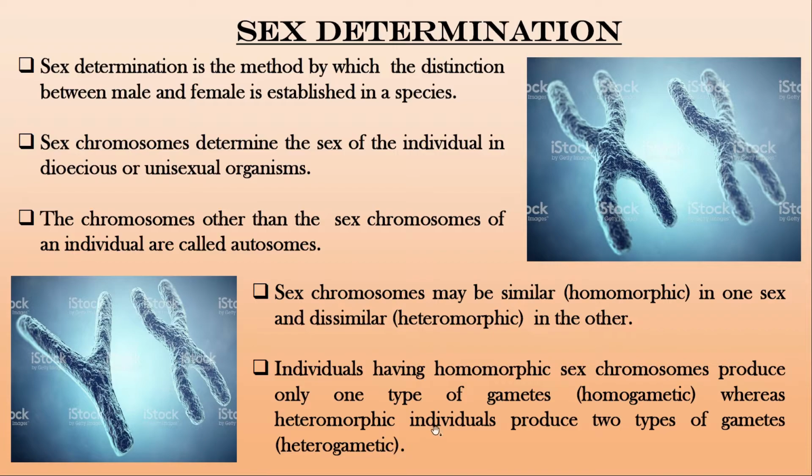Individuals having homomorphic sex chromosomes produce only one type of gamete, that is A plus X, AX, whereas heteromorphic individuals will produce two types of gametes, AX and AY. So here you can see the homomorphic individuals and heteromorphic individuals.